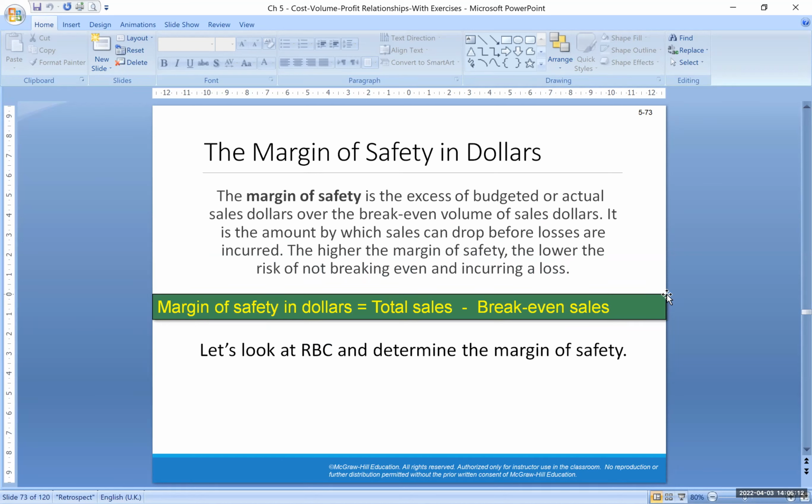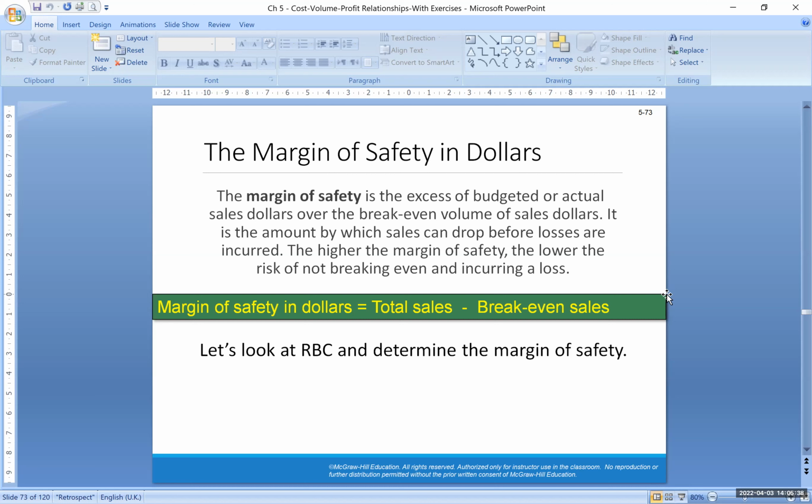It is the amount by which sales can drop before losses are incurred. The higher the margin of safety, the lower the risk of not breaking even and incurring a loss.